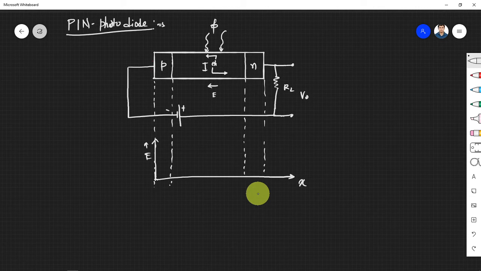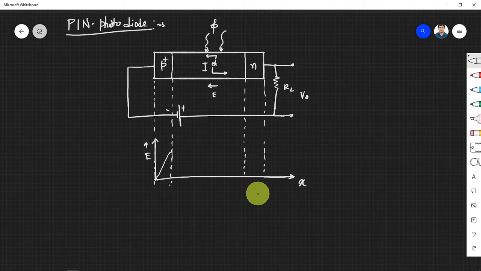In a PIN photodiode, generally we use a heavily doped P side. So at the electrode, the electric field is 0, and then it will increase.